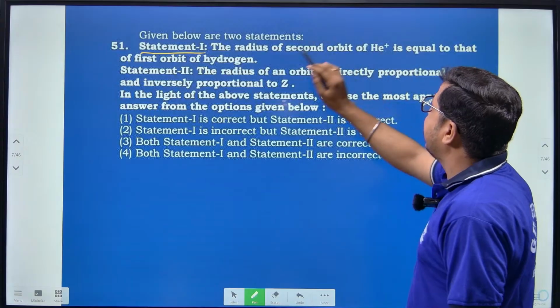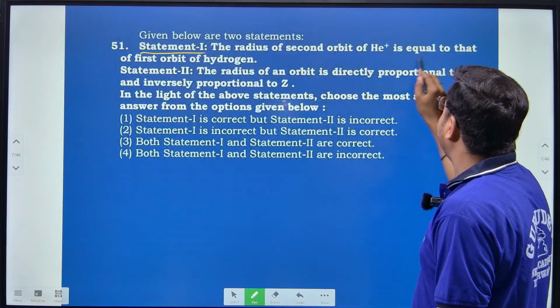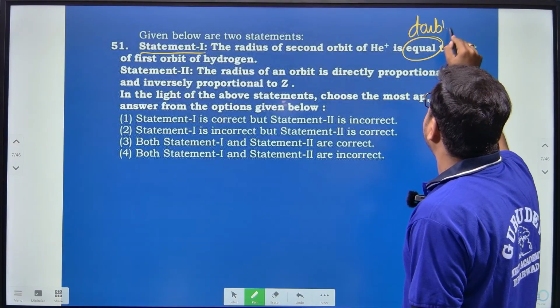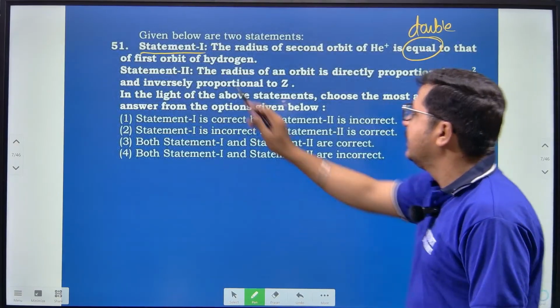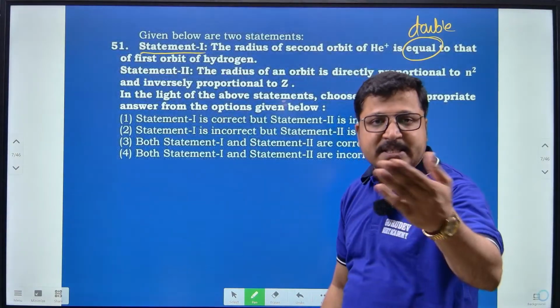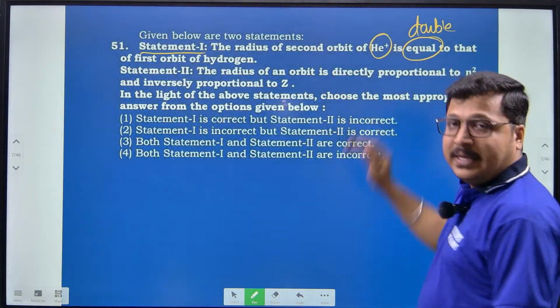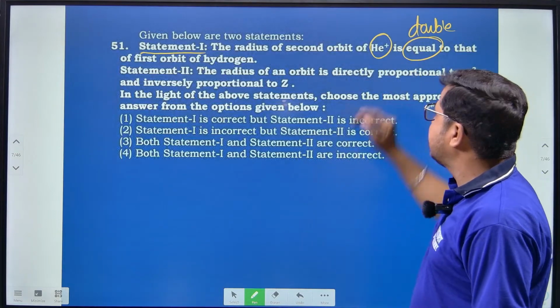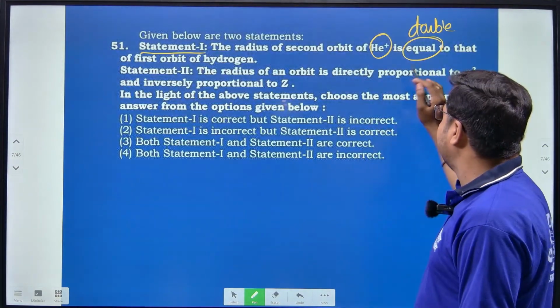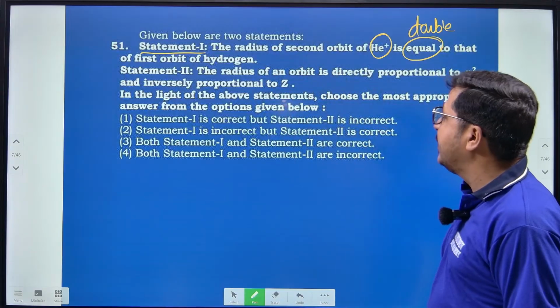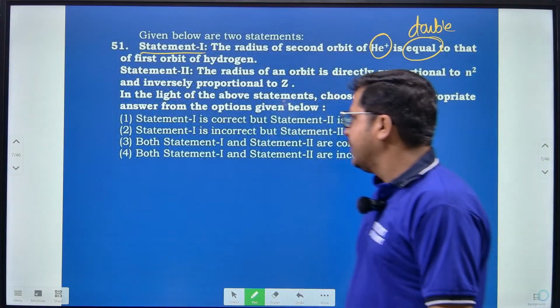The radius of second orbit of helium is double that of the first orbit of hydrogen, because helium has atomic number 2, right? Helium in its first unielectronic system has a radius double that of hydrogen. Therefore statement 1 is wrong.